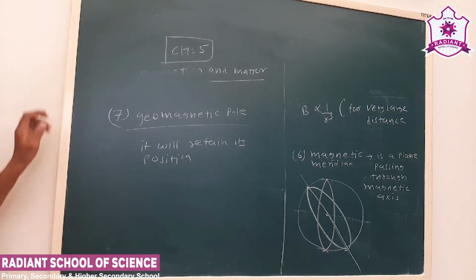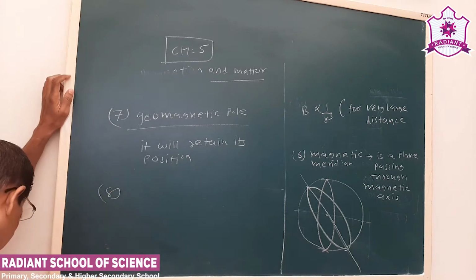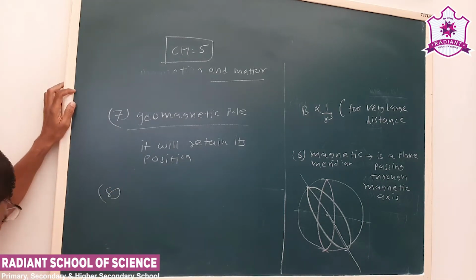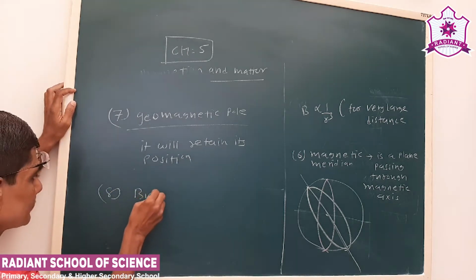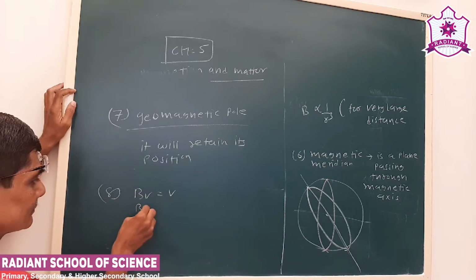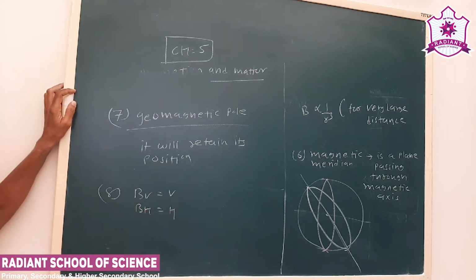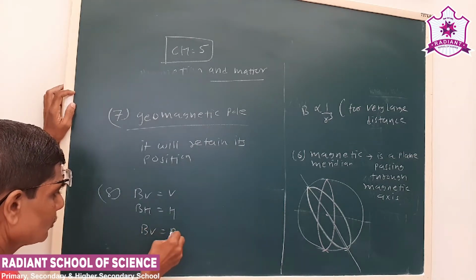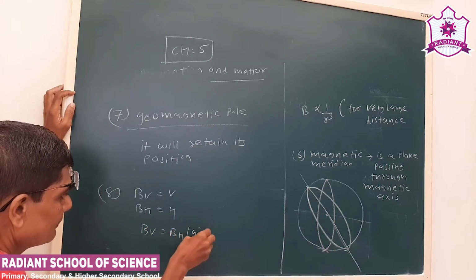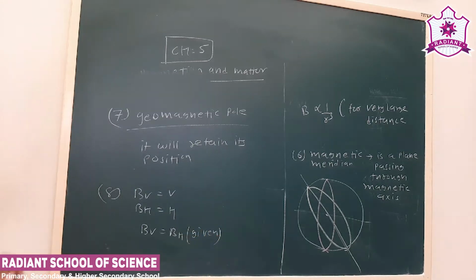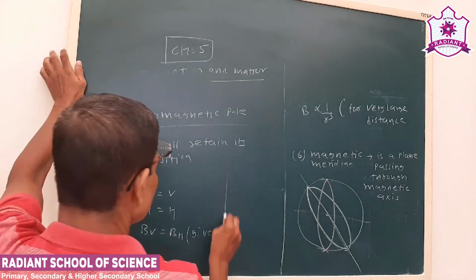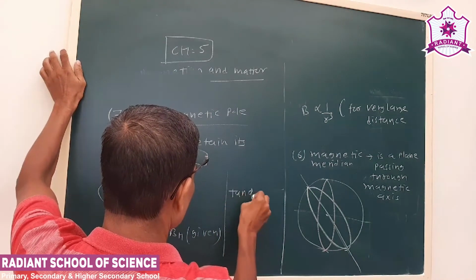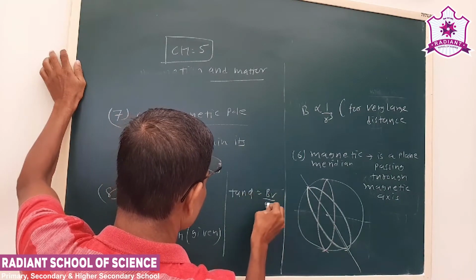Now see our next MCQ. At a place the horizontal component and vertical component are the same. So here dB is equal to dx is given. What will be the magnetic dip angle? Now see the magnetic dip angle, tan phi is dB by dx.